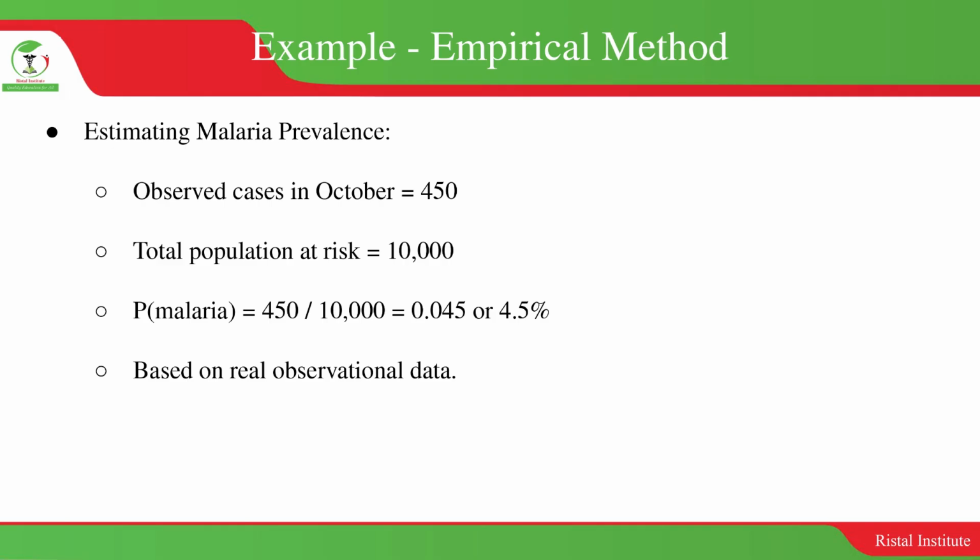For example, if you wanted to estimate the prevalence of diabetes in the UK, you should be able to use the population that is at risk vis-a-vis the cases of diabetes. It means you already have observational data that you are basing on. Let me use the case of malaria.